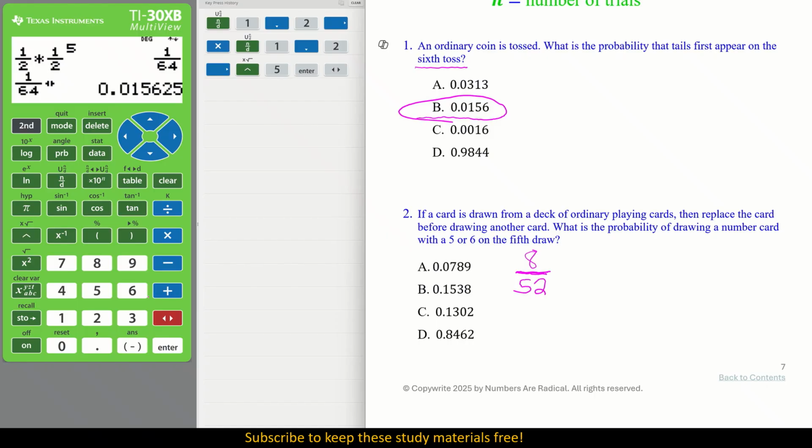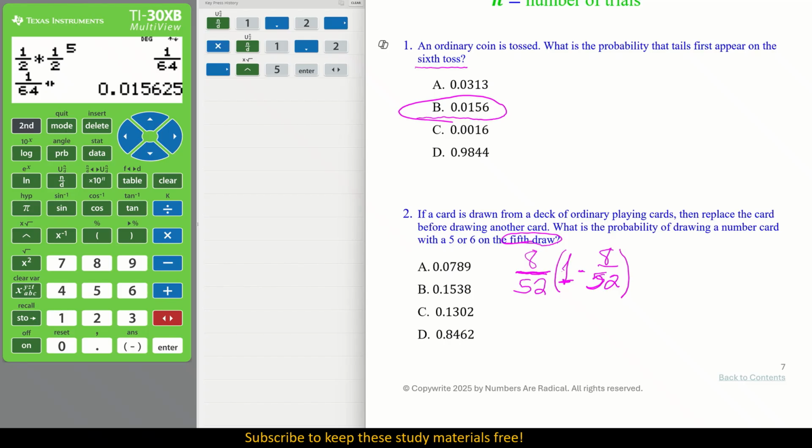Now, we need to multiply that to our non-success. Here, go ahead and just use parentheses for that. So we have 1 minus 8 over 52. Okay. And then the fifth draw is our number of trials, how many times we try.